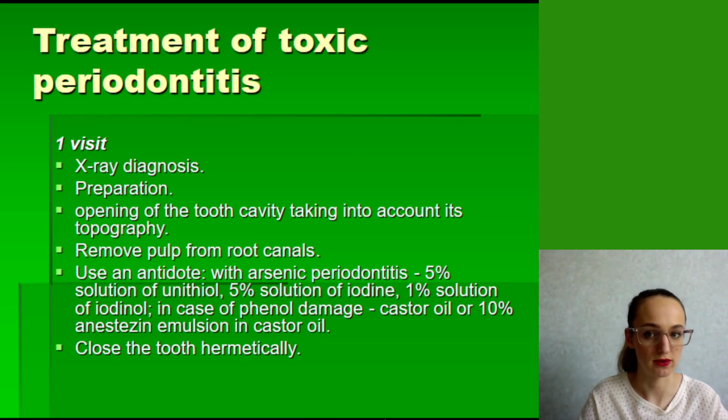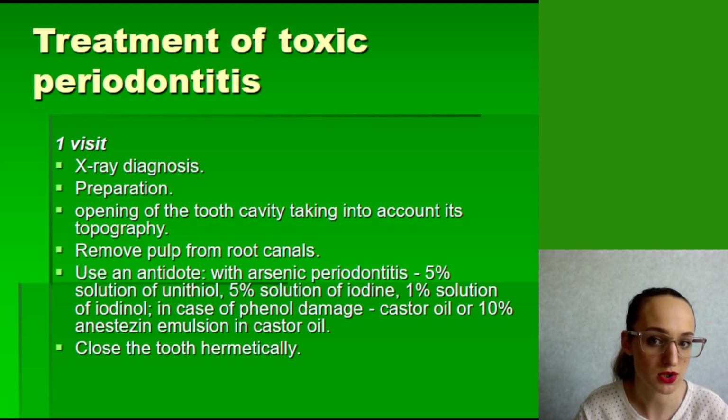Treatment of toxic periodontitis, first visit: X-ray, preparation, opening of the tooth cavity, remove pulp from the root canals, and use an antidote. Please pay attention: with arsenic periodontitis, use a 5% solution of unithiol, a 5% solution of iodine, and a 1% solution of iodinol.